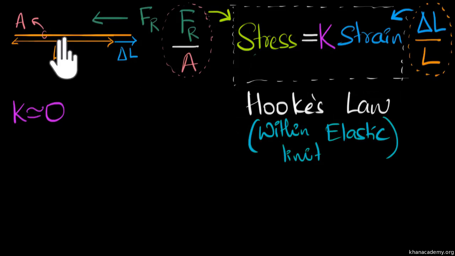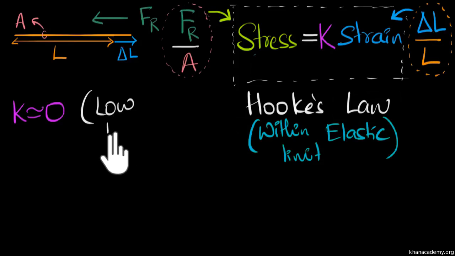Well, just imagine if you have a wire with K equal to 0, and if you strain it a little bit, but you find that the stress is 0, that means if you let go of it, the wire doesn't come back to its original shape. Does that make sense? Which means that if K is close to 0, then the wire or the material has a very low elastic property. Makes sense, right? So very low values of K just means low elasticity.